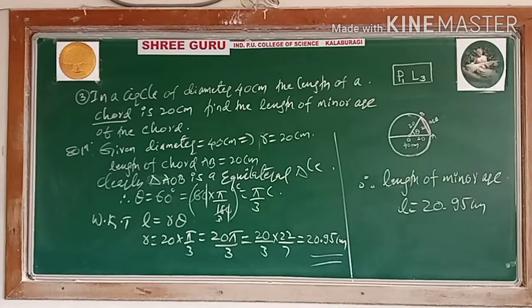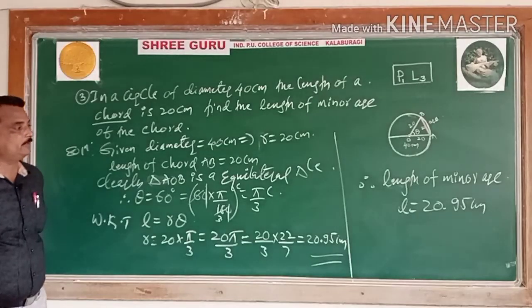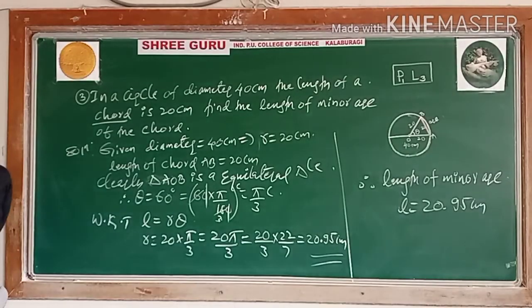I hope you are understanding the simplification here. You should clearly read the given question, try to understand it, and then see what is given and what you have to calculate. According to that, you have to calculate it.